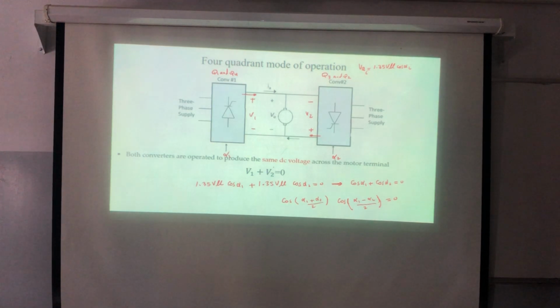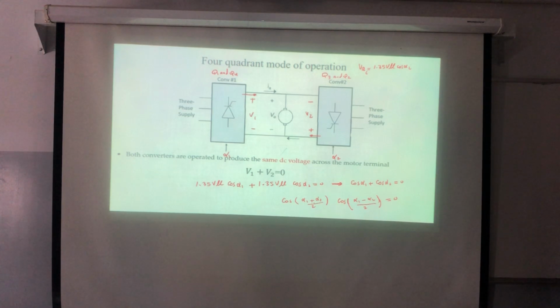Now this is the cosine, it's cosine alpha 1 plus alpha 2 multiplied by cosine alpha 1 minus alpha 2 equal to 0, with the over 2, yeah, it's all over 2. It's my mistake.